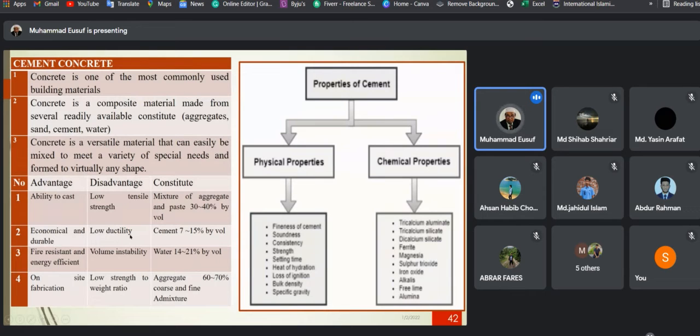You cannot bend it. So bending is the ductility. Already I explained the ductility in the mechanical properties area. If necessary, we will come back again, right? Then fire resistant, very good.